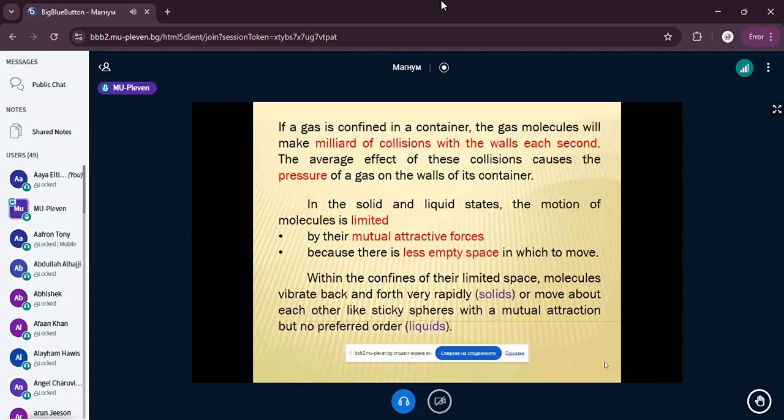They can vibrate only about some equilibrium positions. In the case of liquids, molecules behave like sticky spheres. That's why we are talking about short range arrangement in the case of their structure.